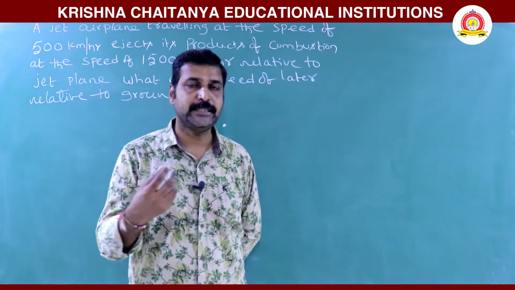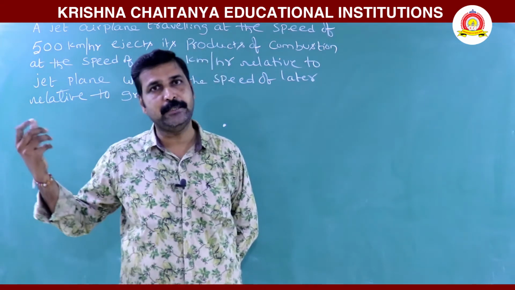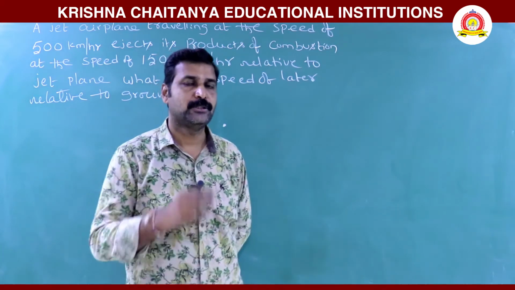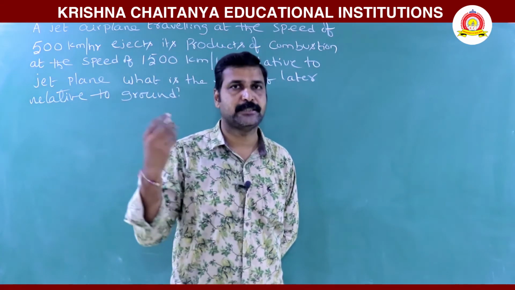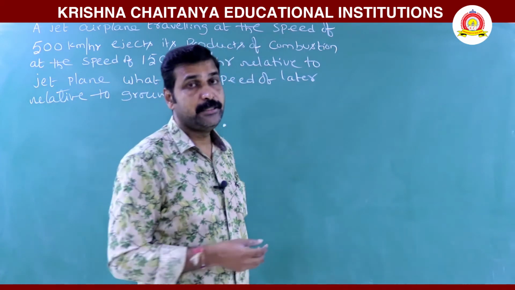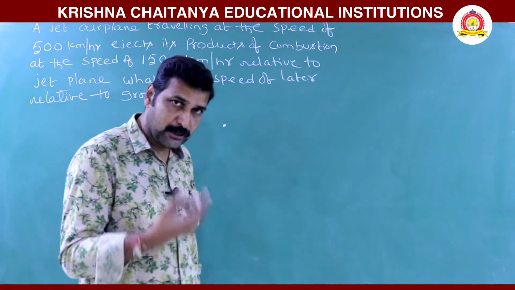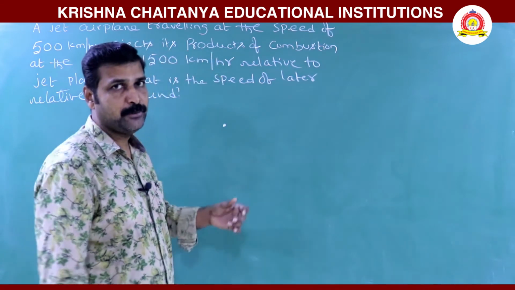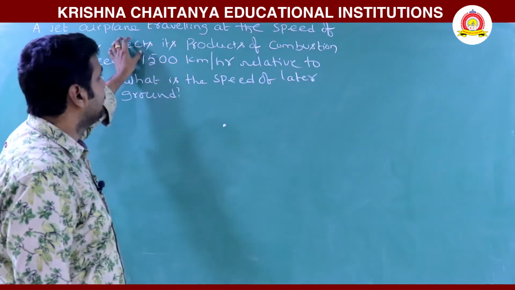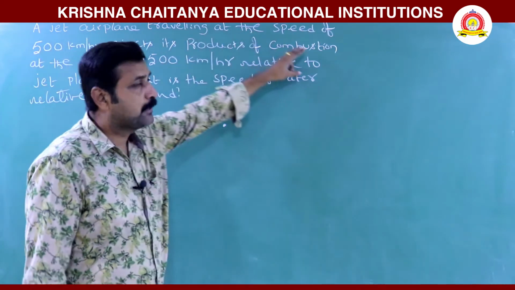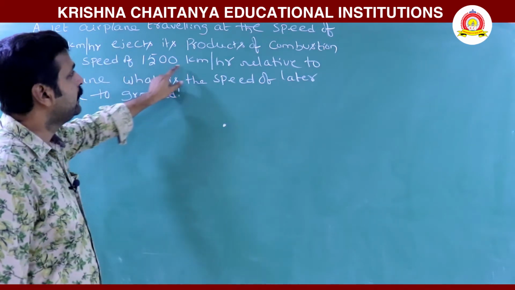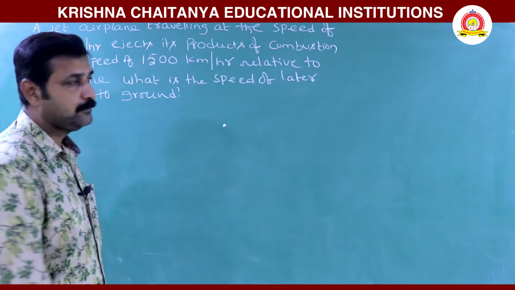When this gas is ejected with some speed, it pushes the airplane. These are called exhaust gases. These gases are the products of combustion, because gases are produced by combustion. The airplane ejects its products of combustion at the speed of 1500 km per hour.